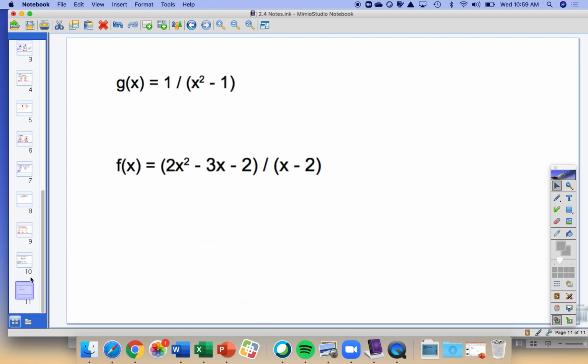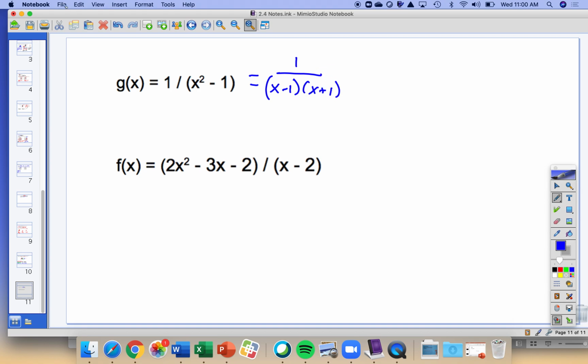Okay. Here, we now have functions. So with these functions, I would like to talk about what kind of discontinuities I have. So when we're looking at this function, g of x, I can rewrite this as 1 over (x minus 1) times (x plus 1).